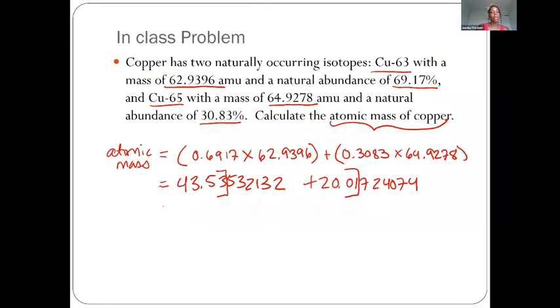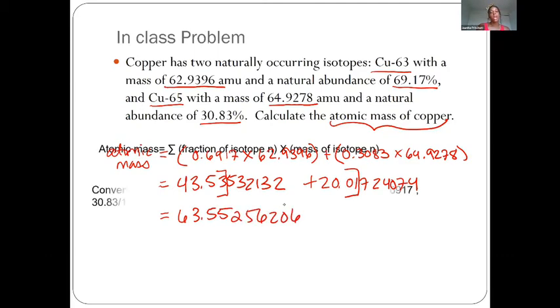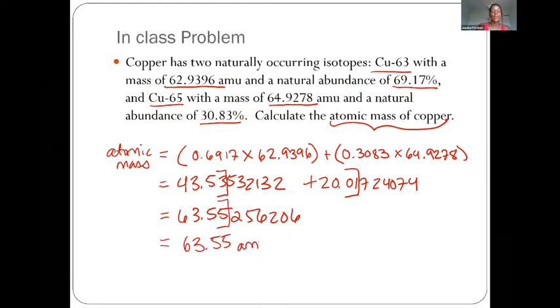When we do that, we end up getting 63.55256206, and then we'd apply that final sig fig rule of looking at the number of decimal places. We end up with 63.55 AMUs. If you look at the periodic table, you'll notice that that does in fact check out, and so we've gone and solved this problem properly.